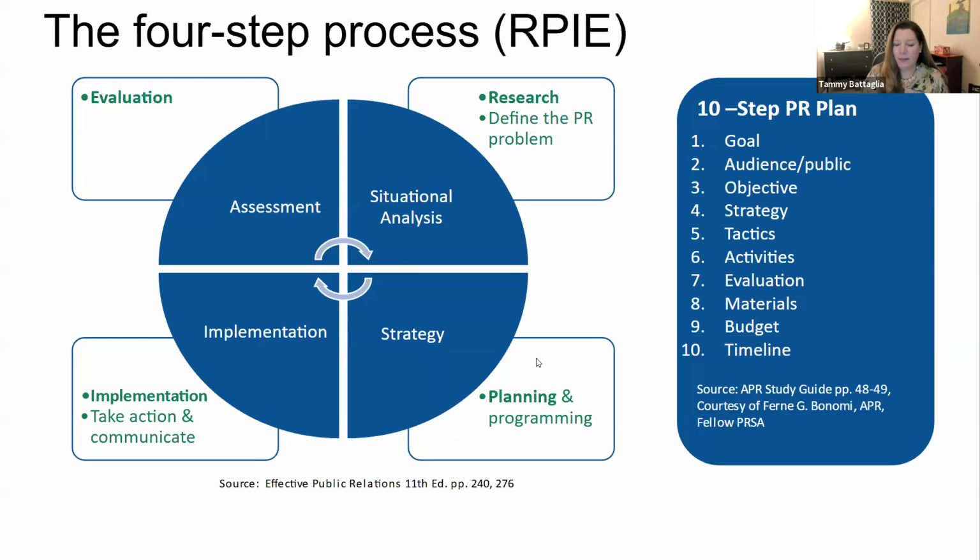As communicators, we all intuitively know, or think we know, what we need to do to accomplish our goals, but having a measurable start and a measurable end really elevates your PR process. So, just throwing that in there.